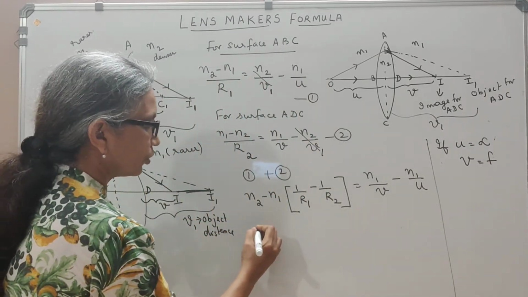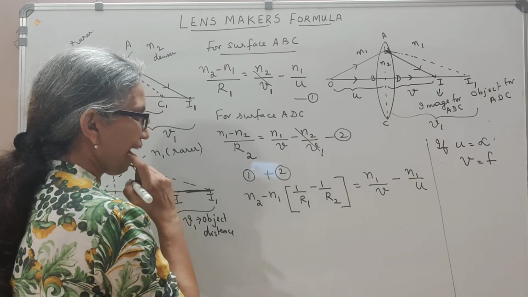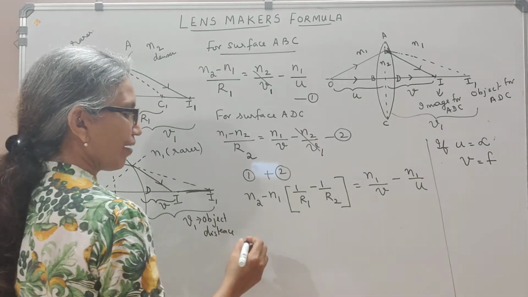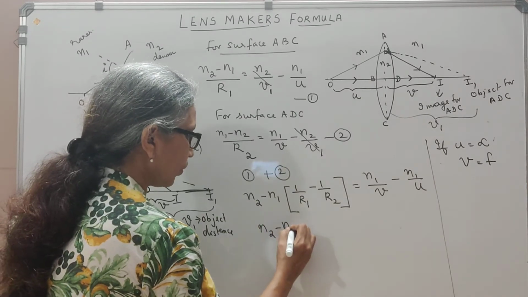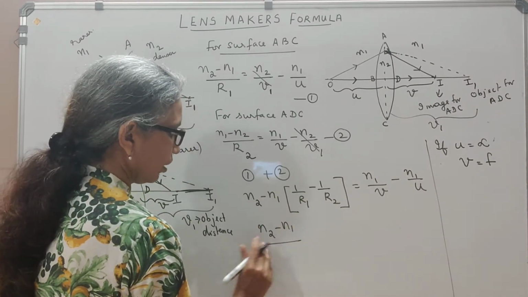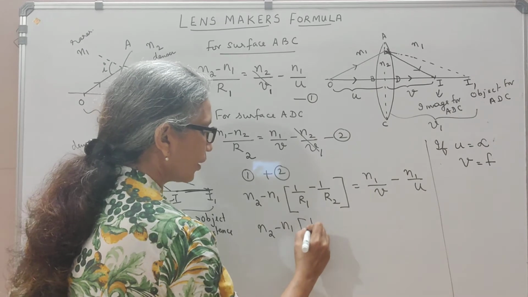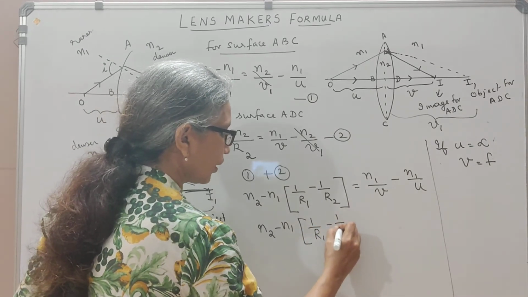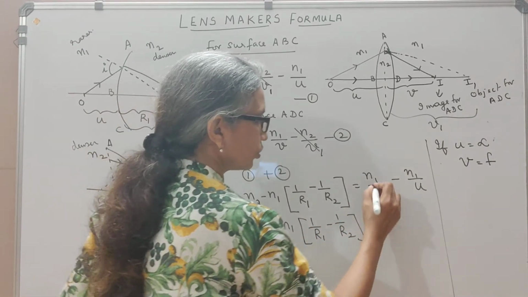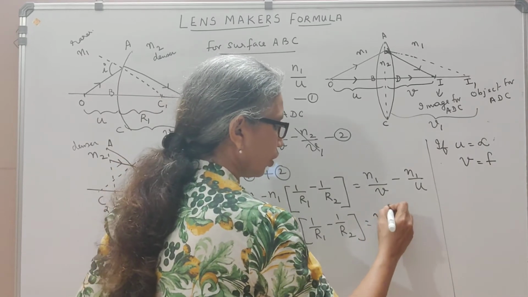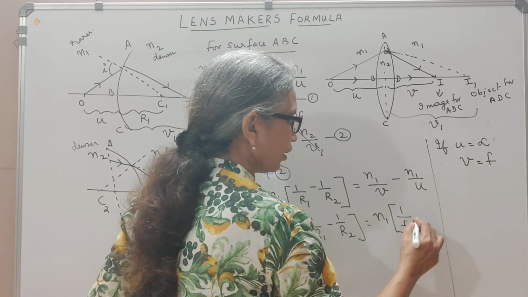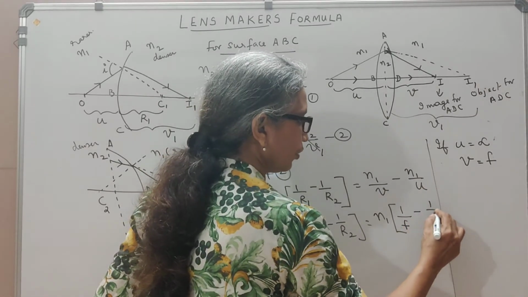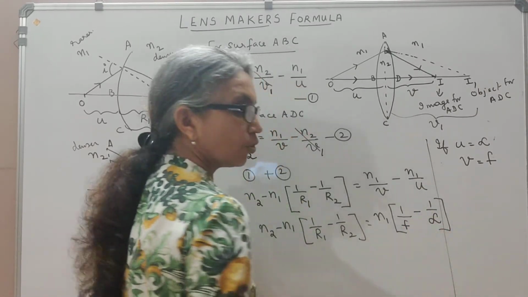So this is going to be equal to N2 minus N1 into 1 by R1 minus 1 by R2 equal to, I'm going to take N1 common outside, so that 1 by V I may write as 1 by F minus 1 by infinity. 1 by infinity you know is 0.